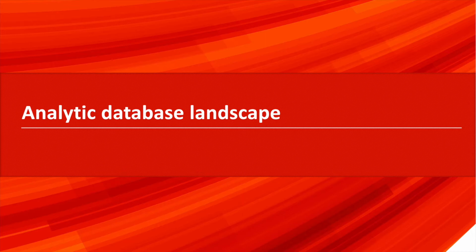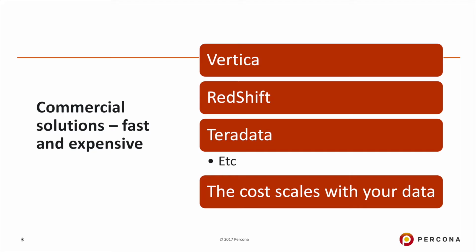Looking at the available solutions for analytical databases, we divide them into two parts. The first part is commercial solutions. They are really fast, feature rich, and very capable, such as Vertica, Redshift, Teradata, and so on.